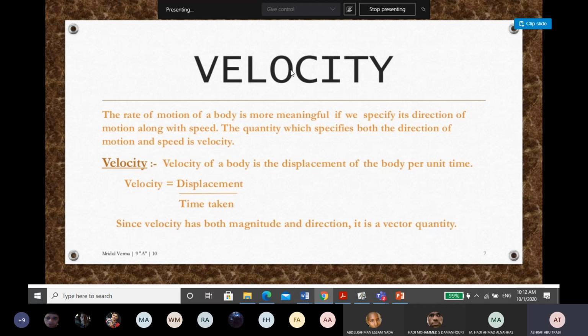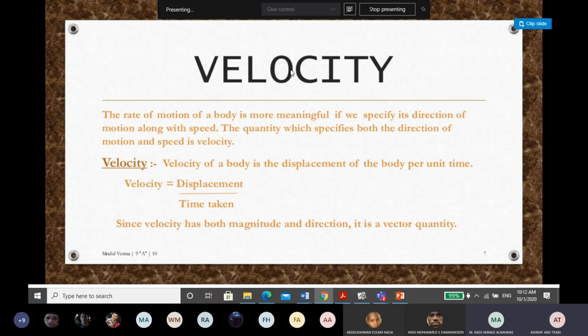So when we specify the direction of a moving object, it's more meaningful than just saying, for example, I am moving with 30 kilometers per hour, and that's it. 30 kilometers per hour in which direction? When we specify the direction, we are talking about velocity. So we are giving a vector quantity and not a scalar quantity.